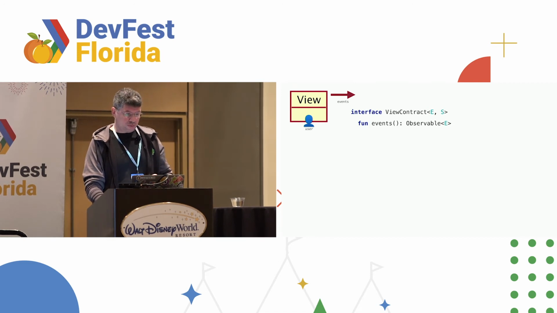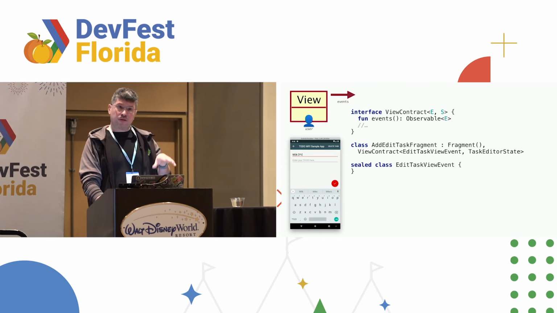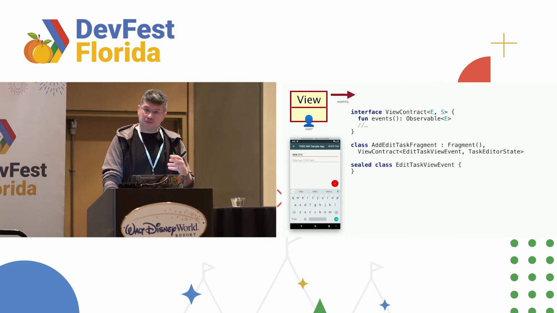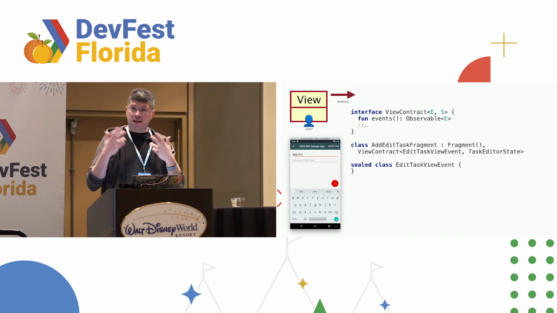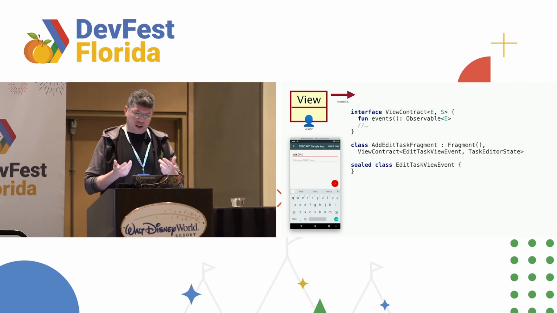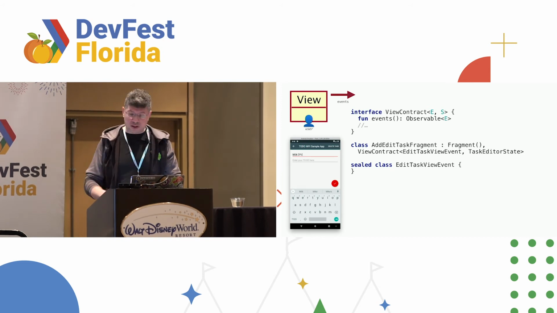So how do we build that observable to make it a bit more concrete? If we take the task editor fragment from the Google app as an example, right here, it would output edit task view events, this generic concept of all the events coming from the edit view. And when we output these, we want to first output them and then turn them into intents.